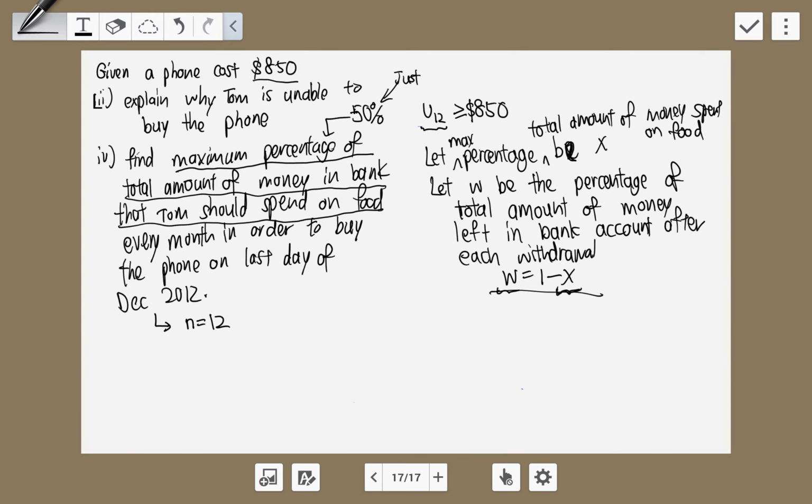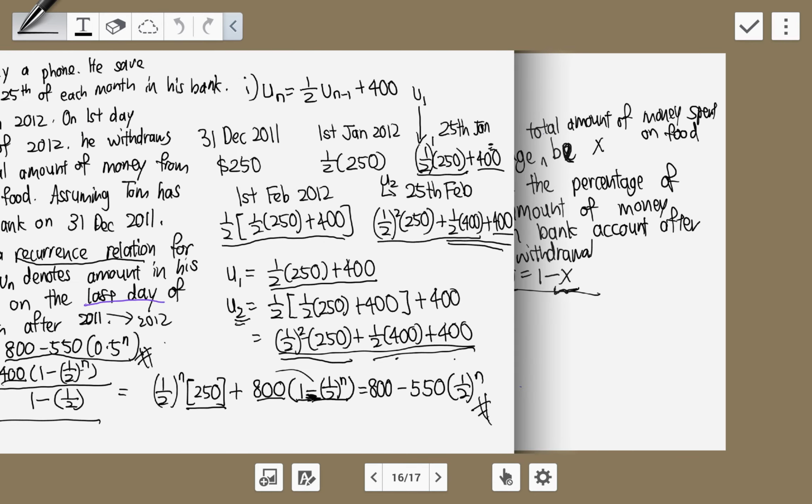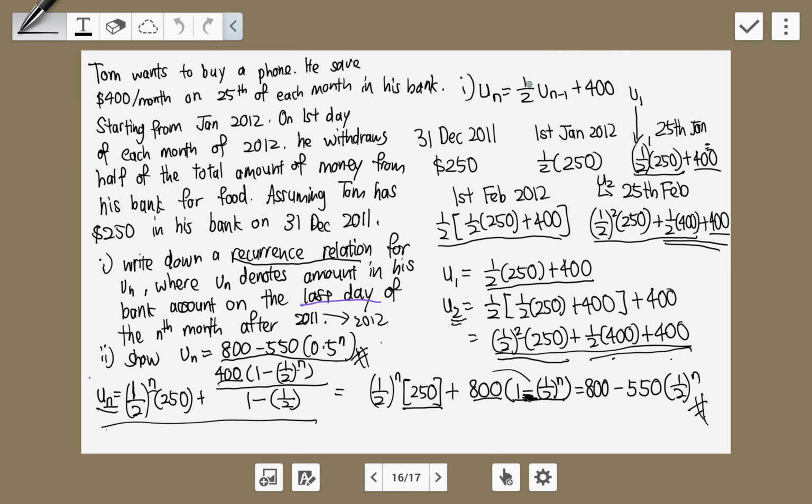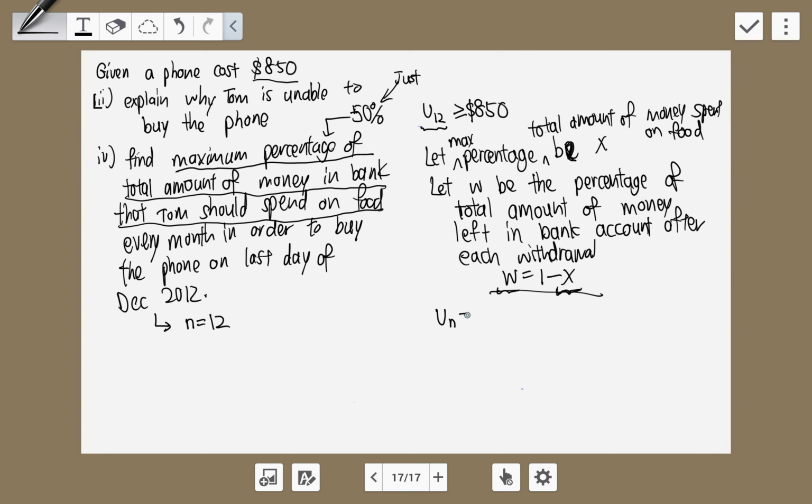So I will try to use the previous part of the question and change my Un formula. So my Un would change to, if x is the percentage, 1 minus x is the percentage left from the previous month, right, plus 400.